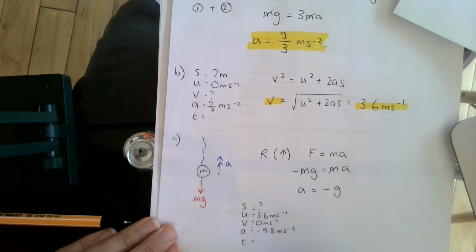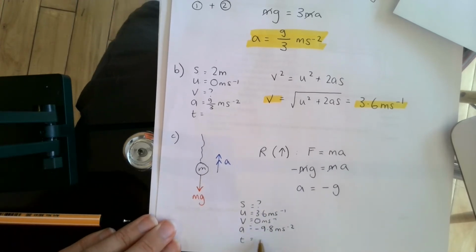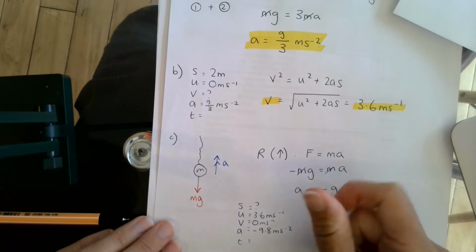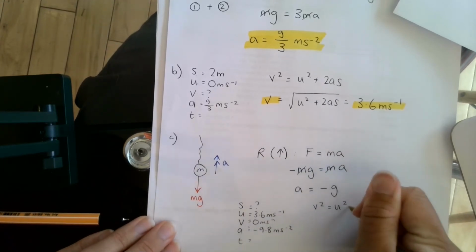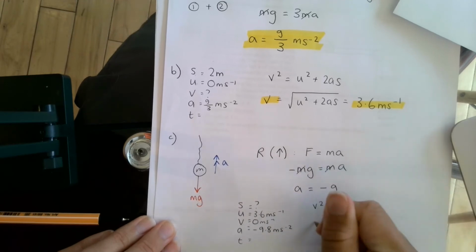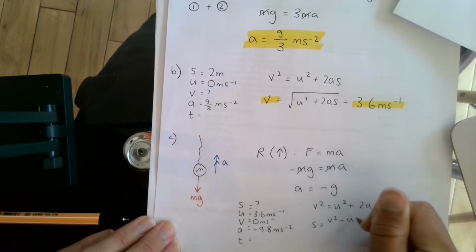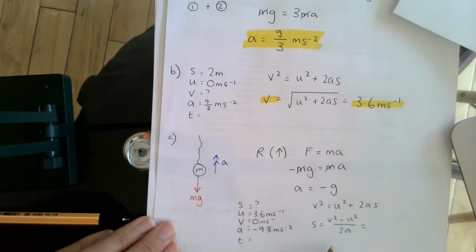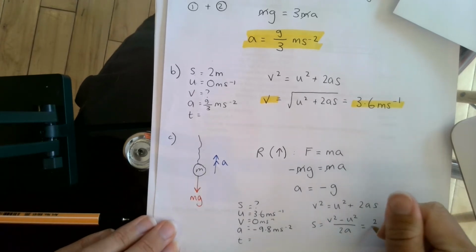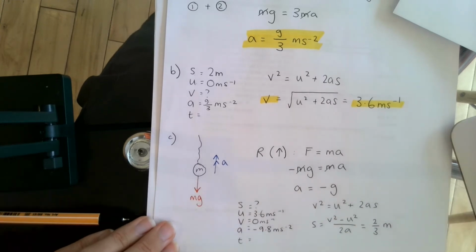And t we don't know. So I'm going to use v squared equals u squared plus 2as, and therefore s is equal to v squared minus u squared over 2a. And if you plug those numbers in, you will get s is equal to 2/3 of a metre.